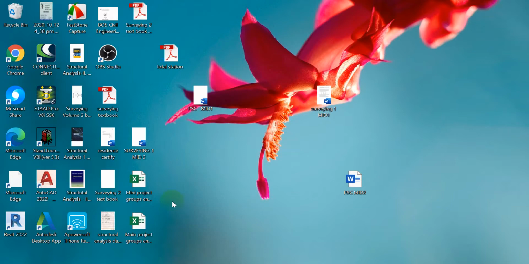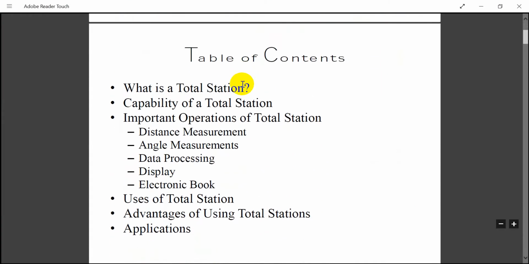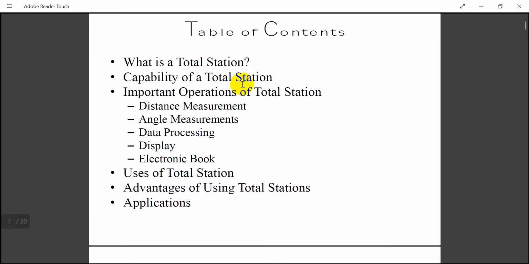If you already saw the total station and you know the advantages and usages, then there is no need of this PPT, but I will show some theoretical content. See: what is the total station, capability of the total station, important operations, use of the total station, advantages and applications.